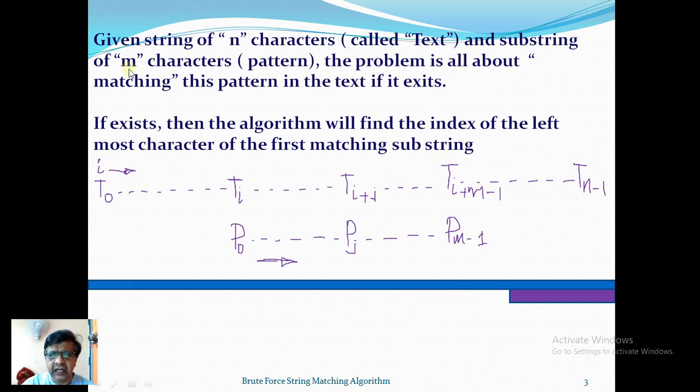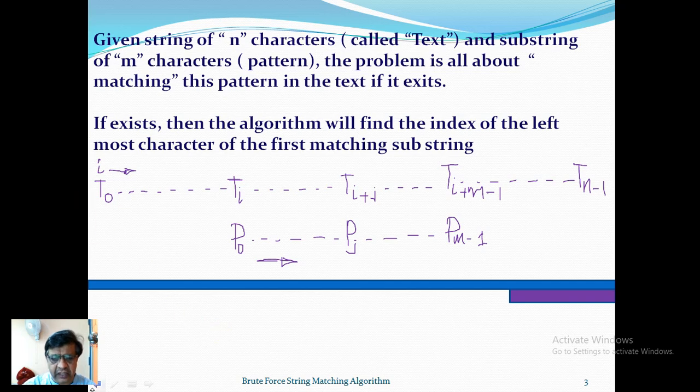Given a string of n characters called the text, which may be paragraphs or pages together, and a substring of m characters called the pattern, the problem is all about matching this pattern in the text, if at all it exists.